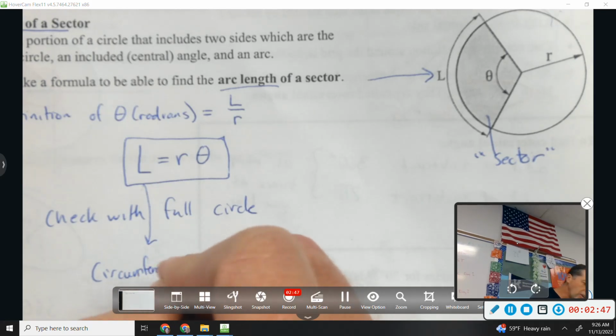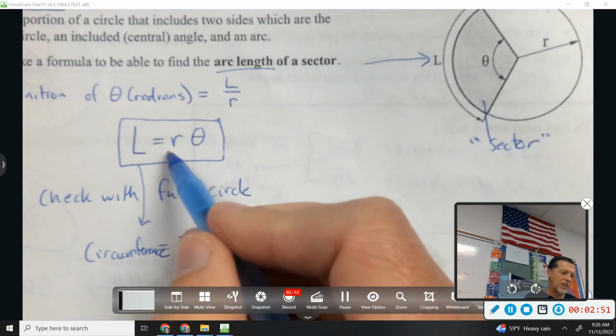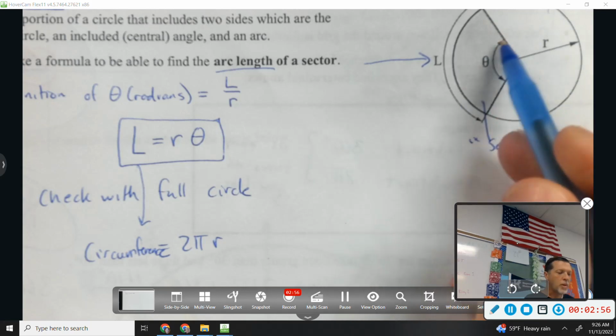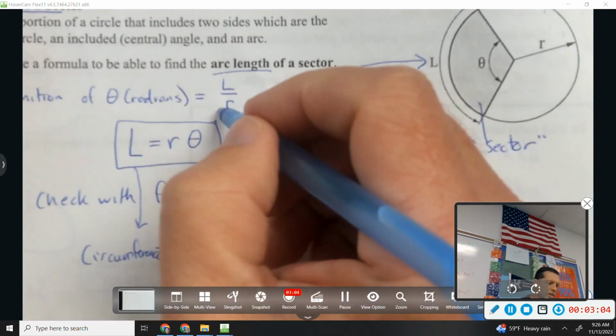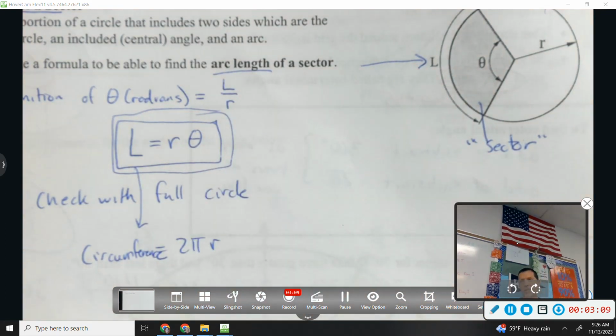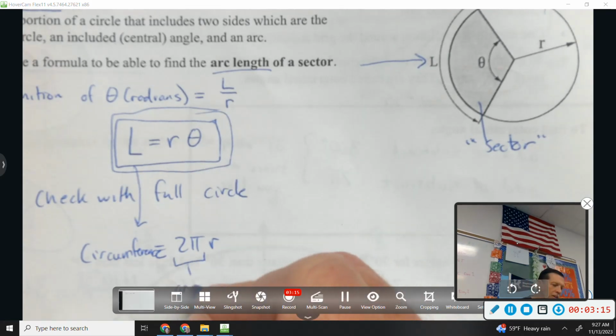So in theory, you already know that the circumference is 2 pi r, but that matches the arc length formula because the r is right there, and the theta is 2 pi. So you could check, or maybe even come up with that formula, by matching it to one you already know. The circumference is a specific application of the arc length formula, because the angle is 2 pi all the way around, and r is the radius.